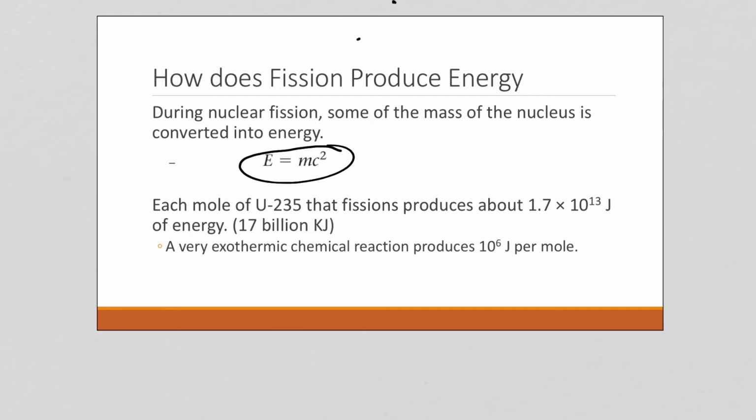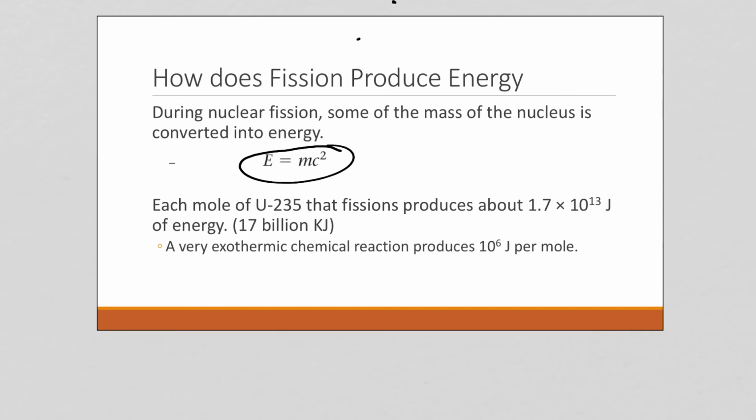And so we get energy equals mass times the speed of light squared. And so for each mole of uranium-235 that fissions, we produce about 1.7 times 10 to the 13 joules of energy, or 17 billion kilojoules.